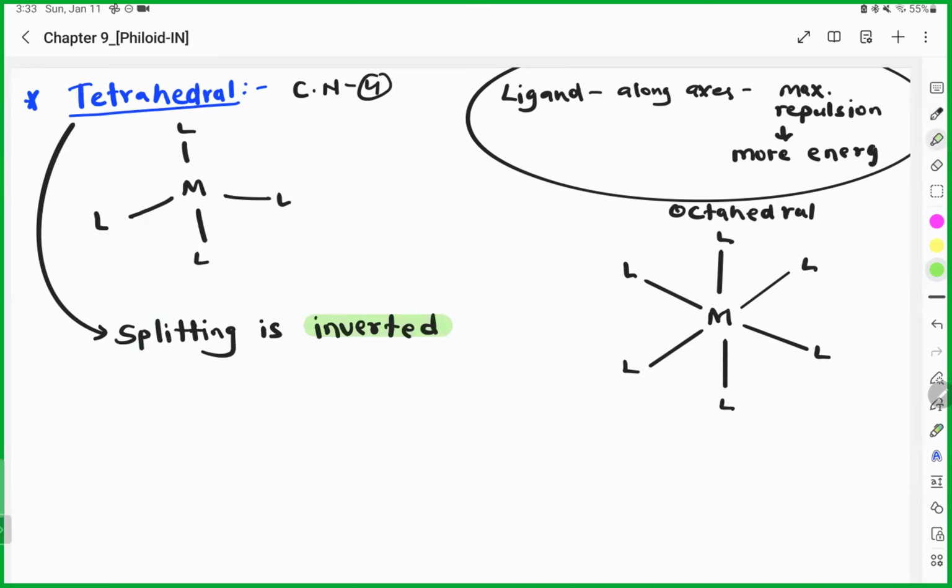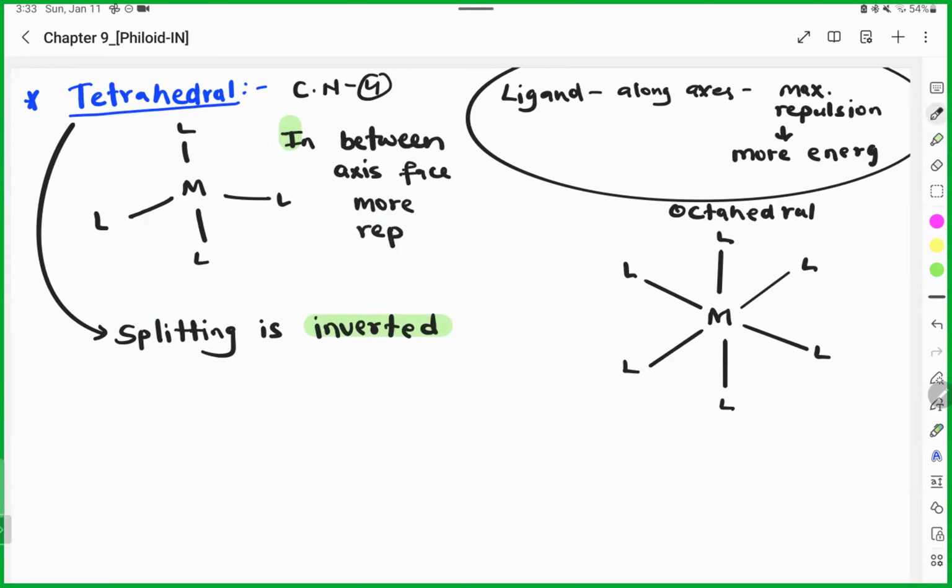So anything present in between the axes faces more repulsion.